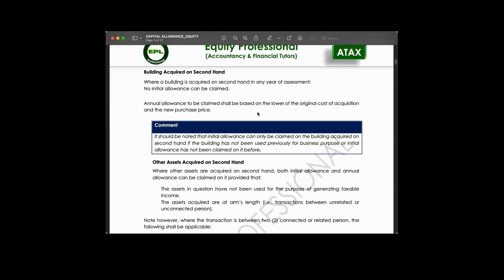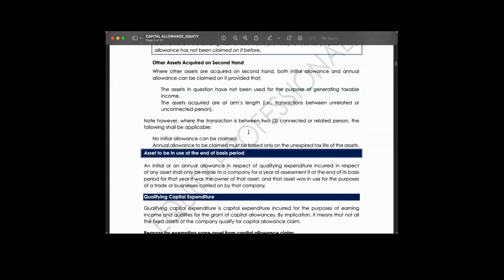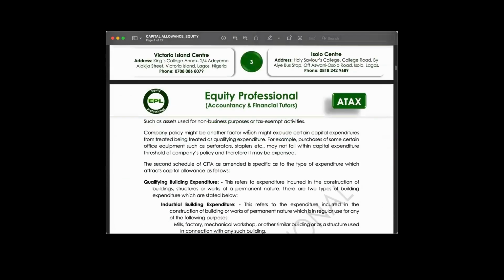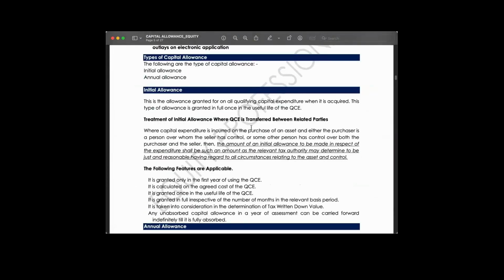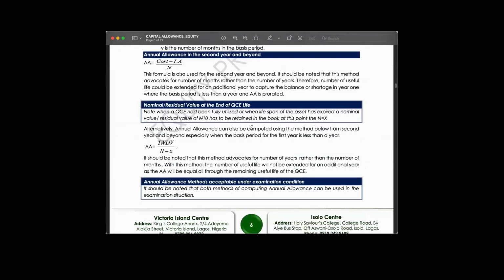If it has never been used for the purpose of generating taxable income or business, then the taxpayer is allowed under the tax law to calculate initial allowance and annual allowance, both for building and other assets. So we can move on to some calculation now.